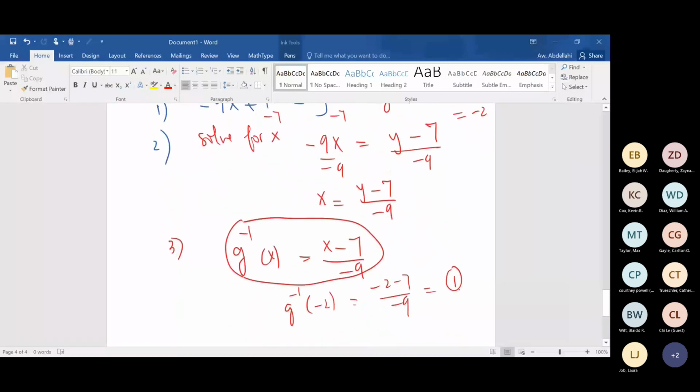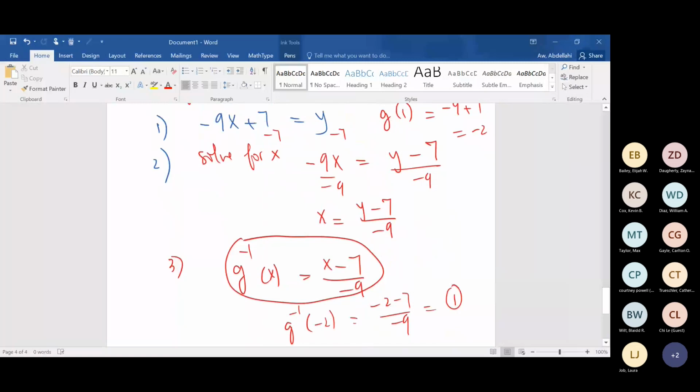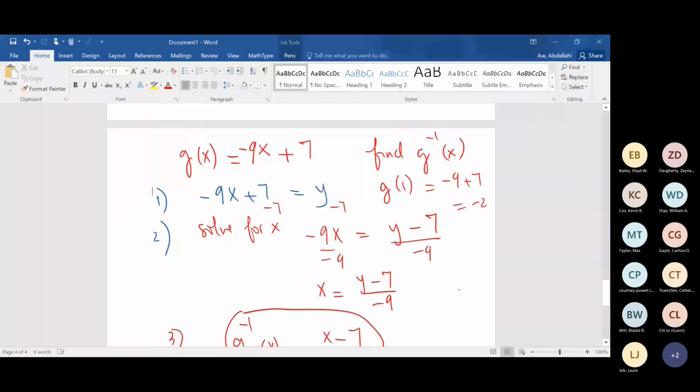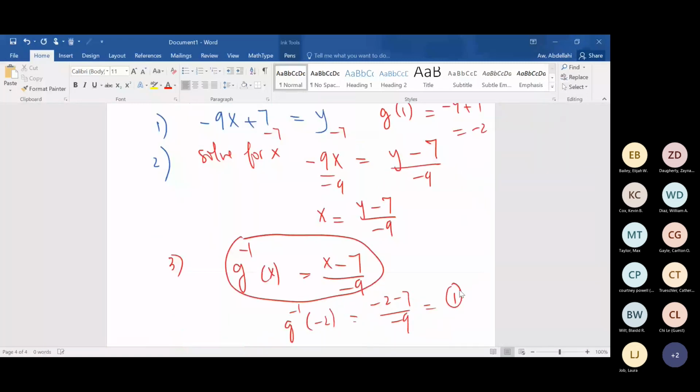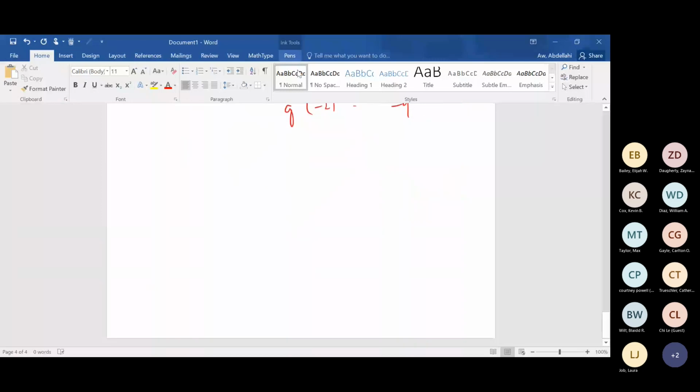All right, so we're going to start with some easy examples where it's very easy to solve for x, and then we're going to go to examples where you have to do some more steps. So let me give you these examples.